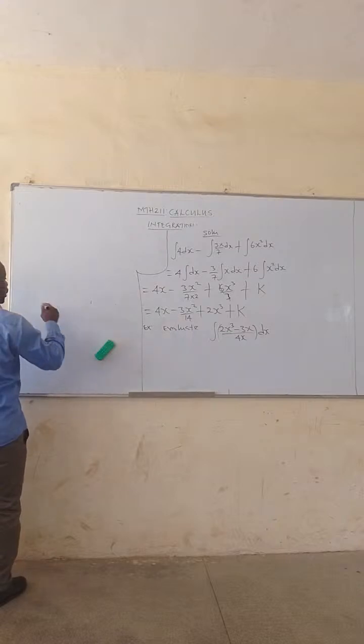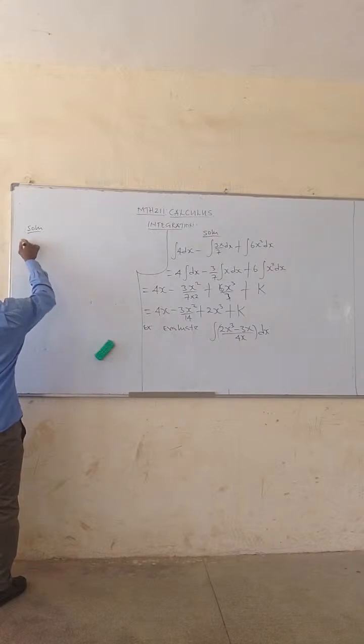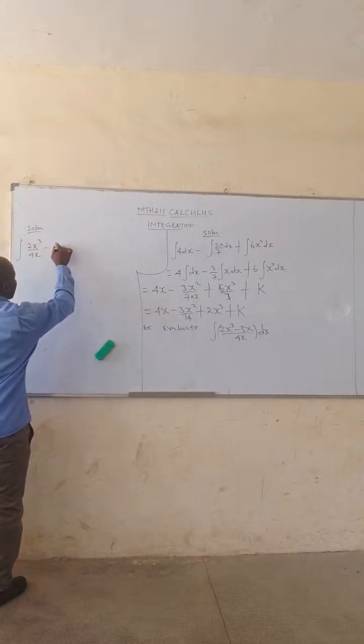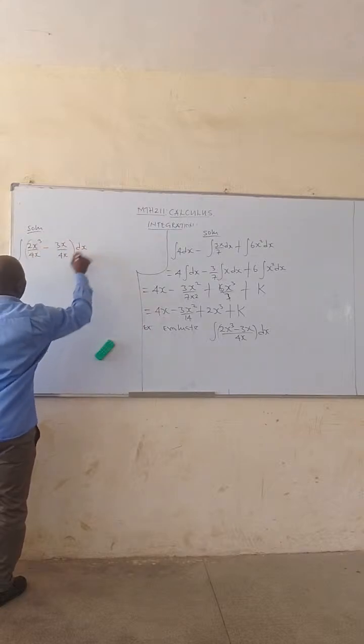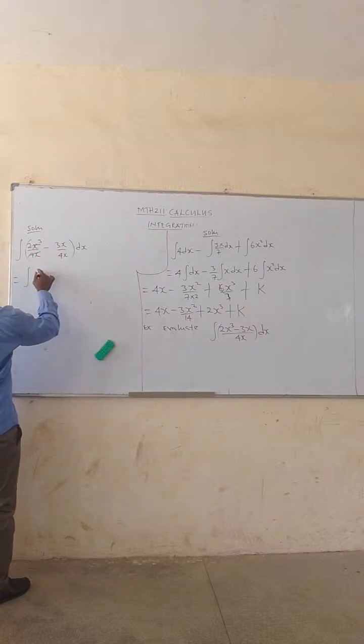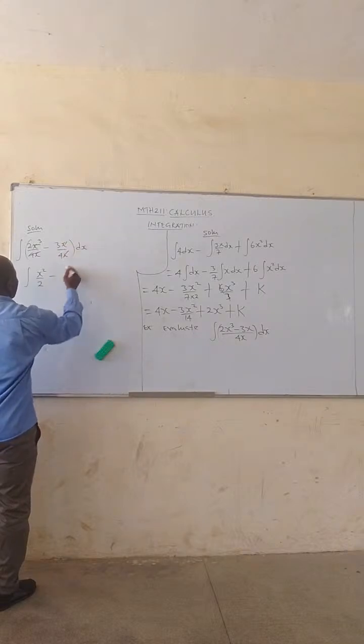What you need to do is just divide it by 4x: 2x raised to the power 3 all over 4x minus 3x all over 4x. Then this and this will give us x squared all over 2, and minus this and this will give 3 all over 4.